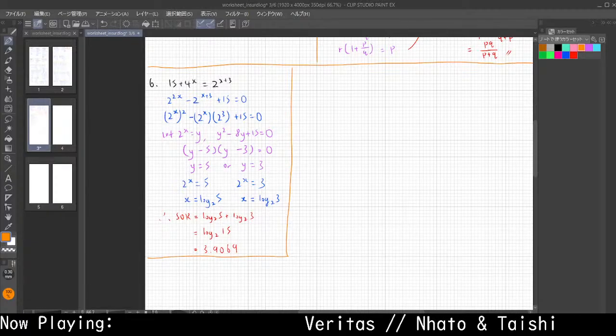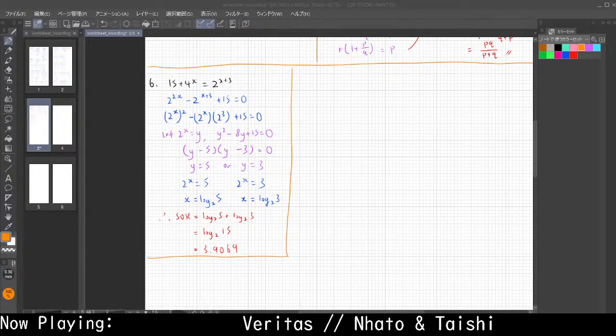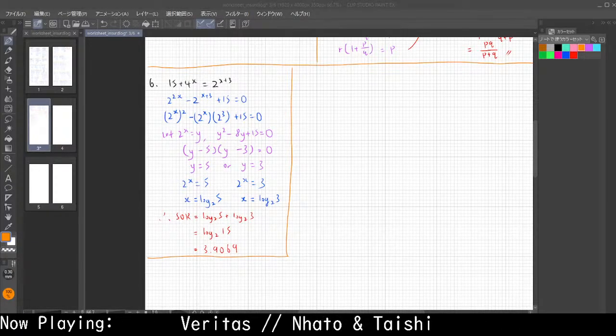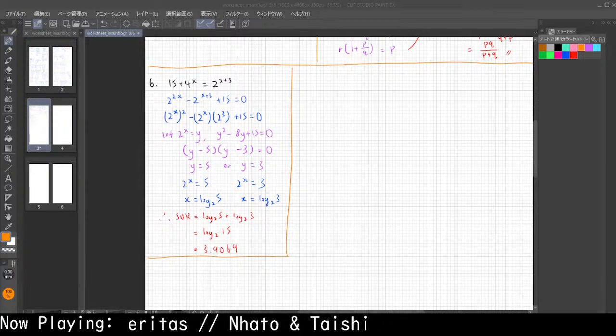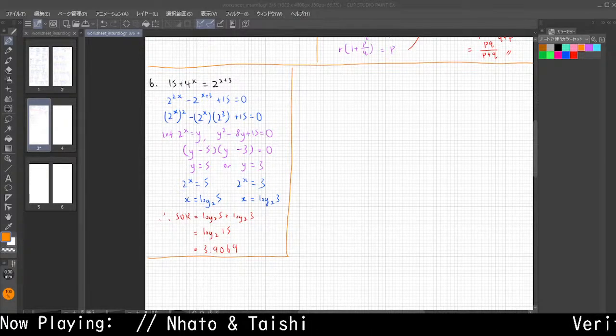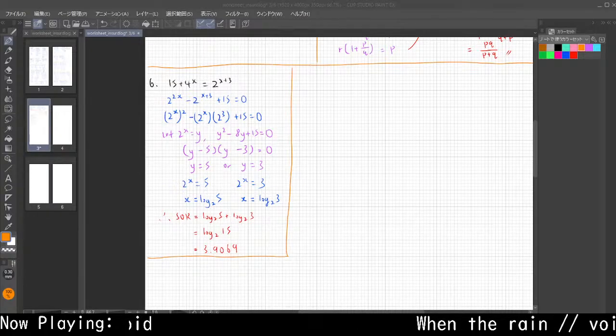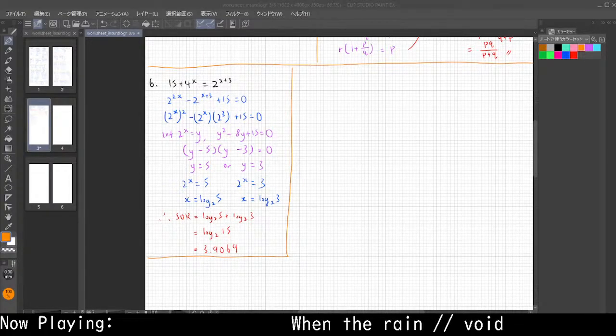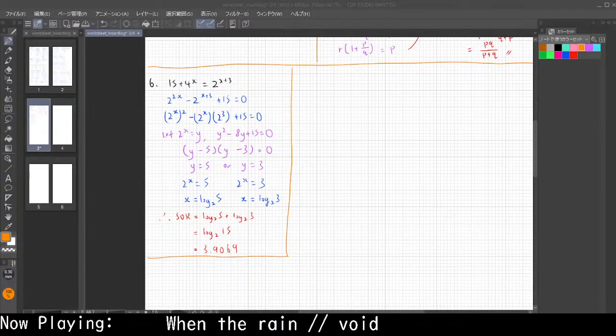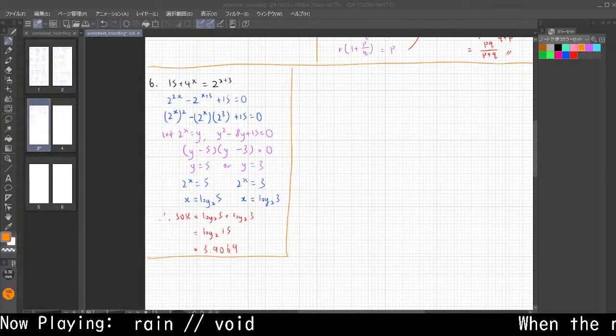Depending on what the question wants, you either combine them, which is usually simplification, or you split them out, which is usually the case when solving equations.